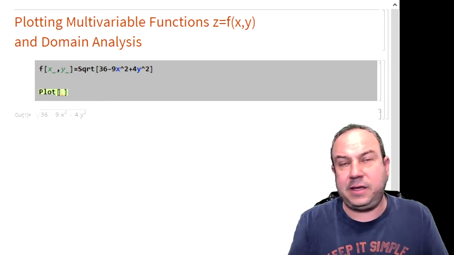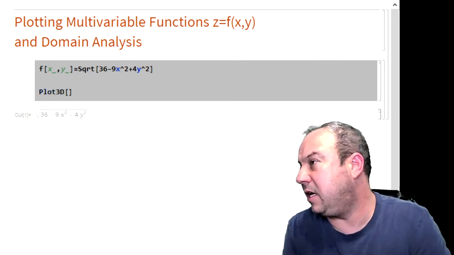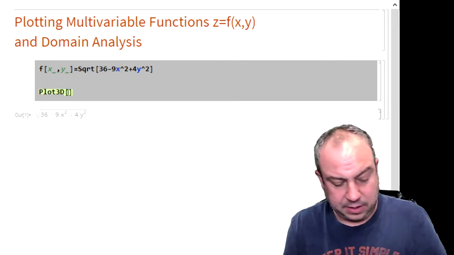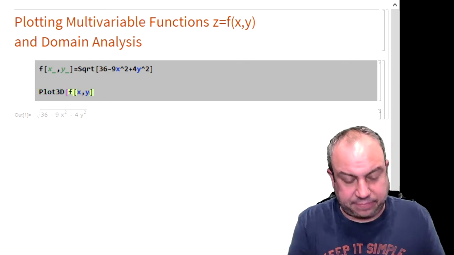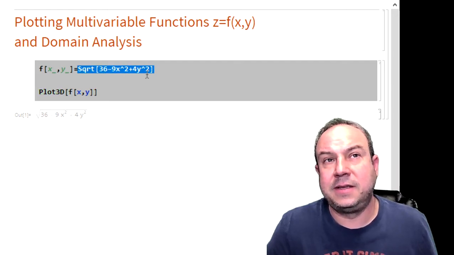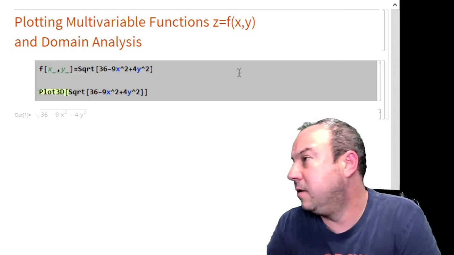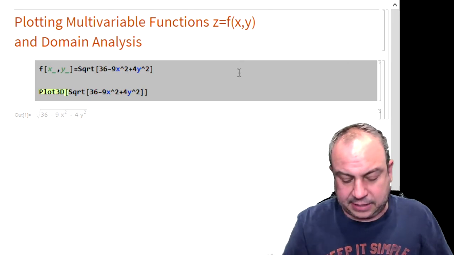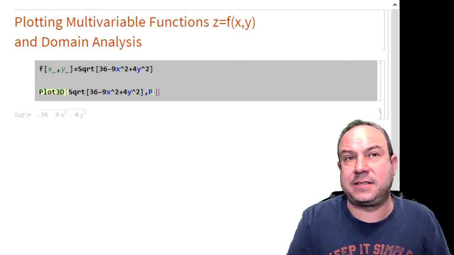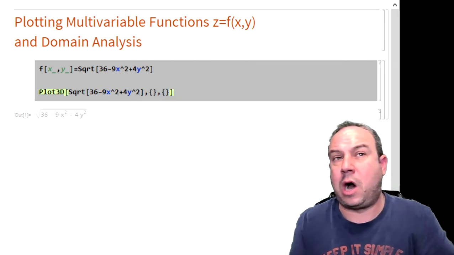One of the easiest ways to go about plotting a function is to use the command Plot3D and apply it to our function f of x comma y. Now you can just state the functional behavior down here and consider plotting that over bounds of x and bounds on y.